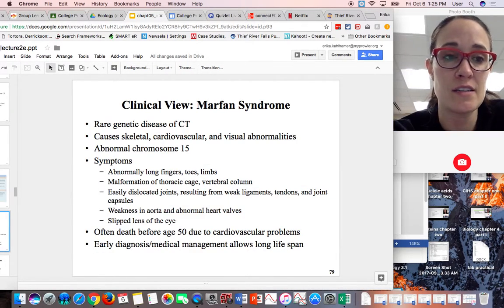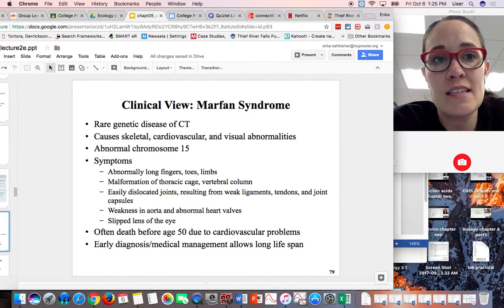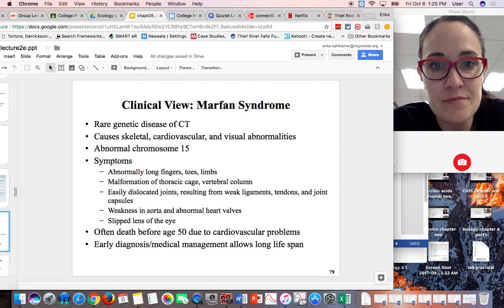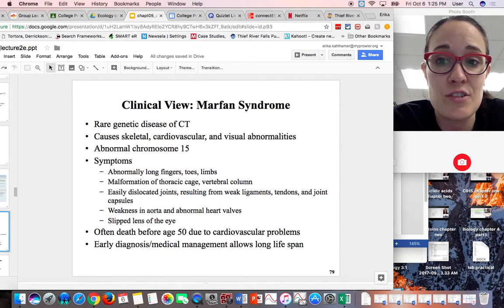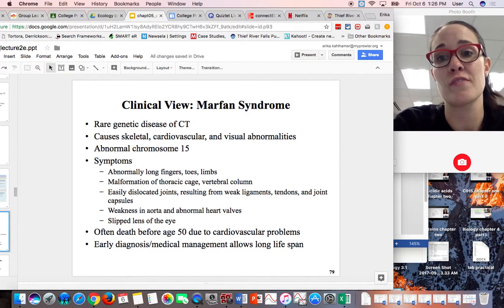Another genetic disorder or problem with connective tissue is called Marfan syndrome. So again, it's inherited, and it's a disease of the connective tissue. What happens is the connective tissue is weakened as a result of abnormal chromosome 15.